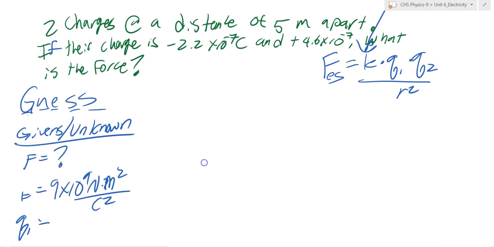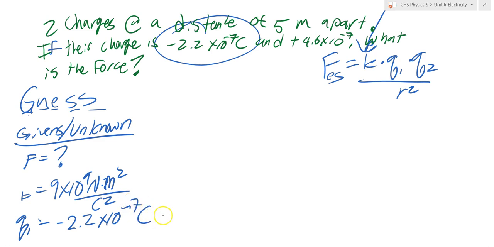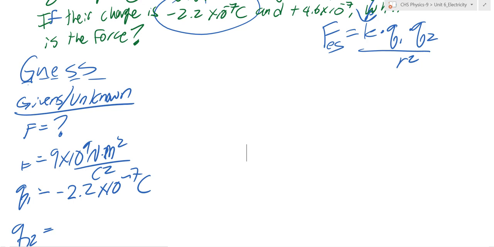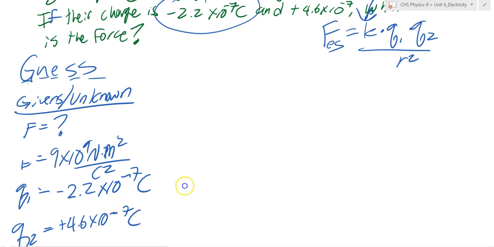Then Q1 is going to be negative 2.2 times 10 to the negative 7 coulombs. It doesn't matter which one's which. The other one is going to be 4.6 times 10 to the negative 7th.